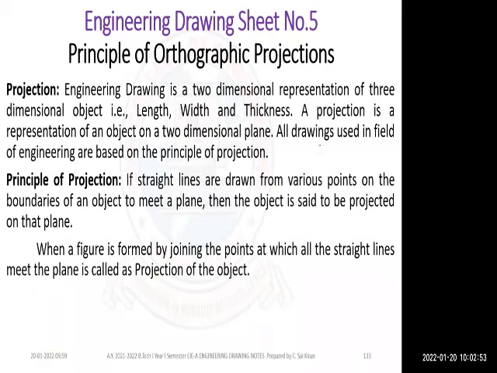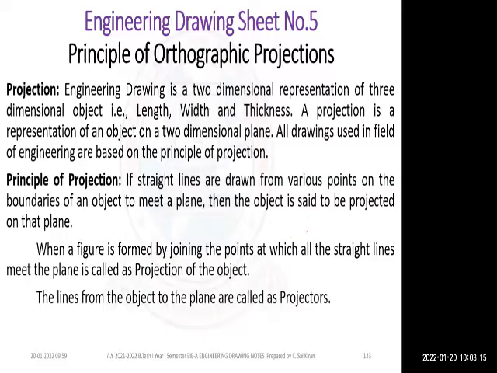And you will generate the points. If I join all the points, then I can generate the final object, the same replica of the object, on the projector. That is called the projection of the object.